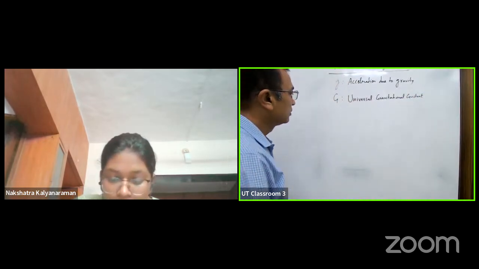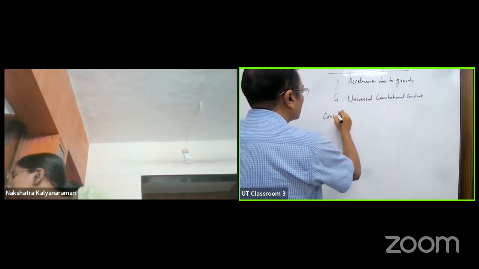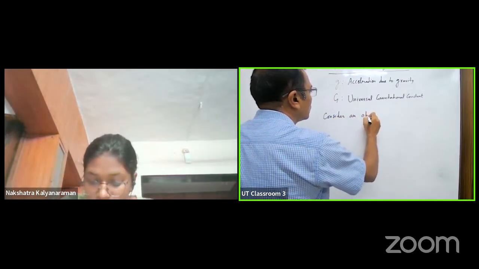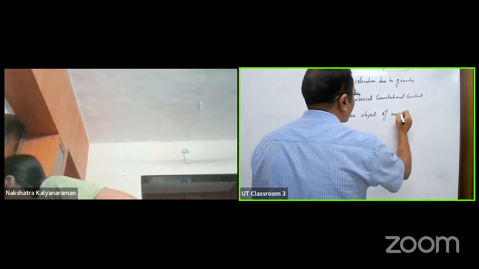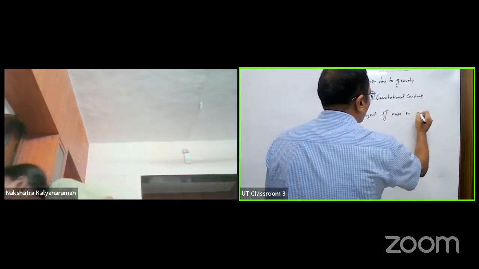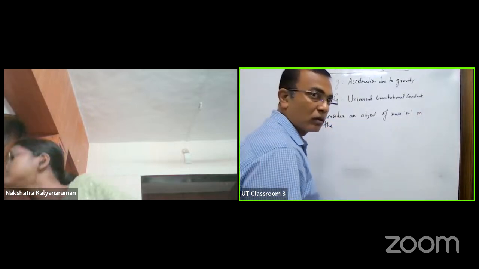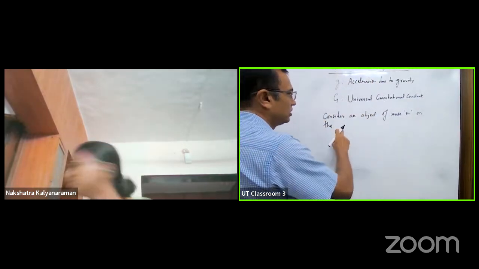So for that, consider an object of mass m. The value of G is to be calculated, 6.7 into 10 raised to minus 11. No, I'll tell you. First, you see the scenario.